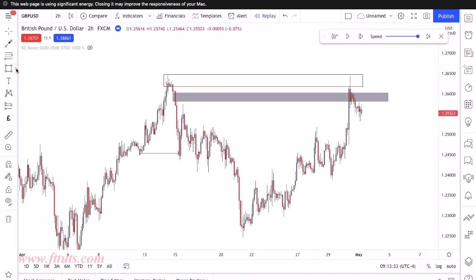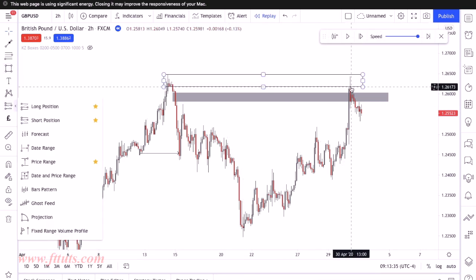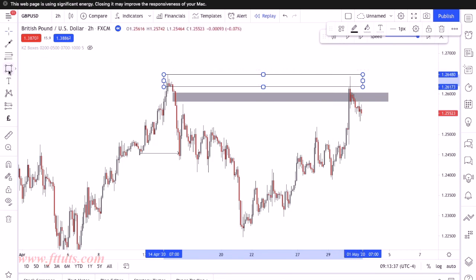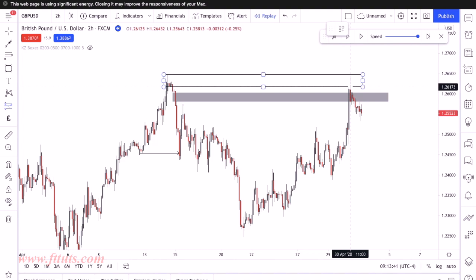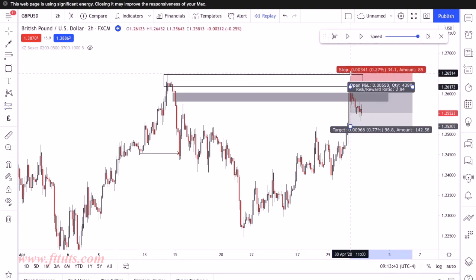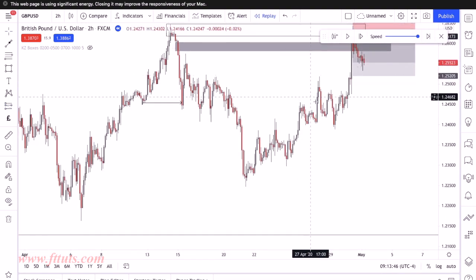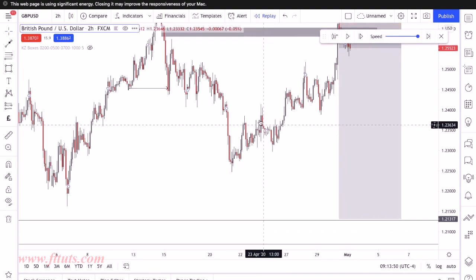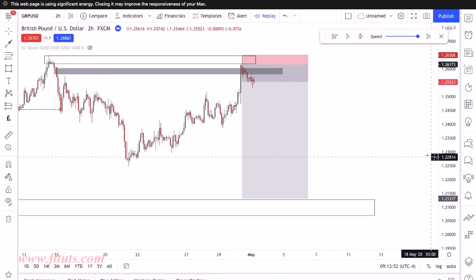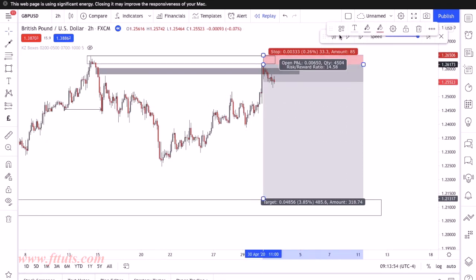We would have sold off at this point here with our stop loss at the wick, and we'll be targeting that imbalance I was talking about down here. So now if we just zoom out and play price.